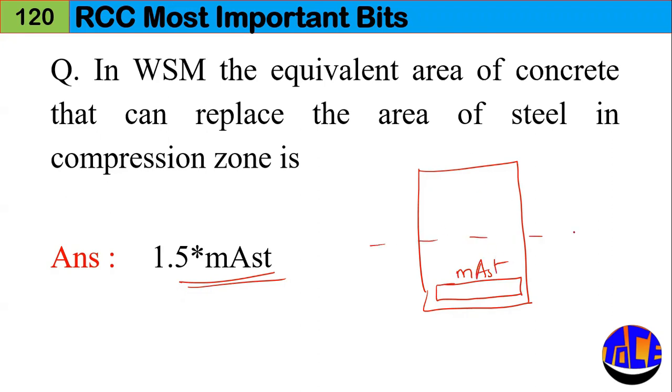Whereas in a doubly reinforced section, the compression reinforcement will also be there. For the steel in the compression zone, to get the equivalent concrete area, it should be multiplied by 1.5 times M into AST. So 1.5 into M into AST is for compression zone steel, and M into AST is for tension zone steel. So remember this.